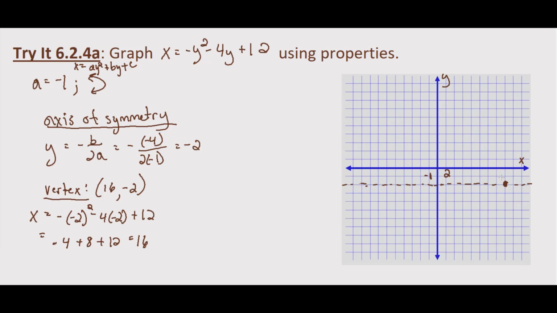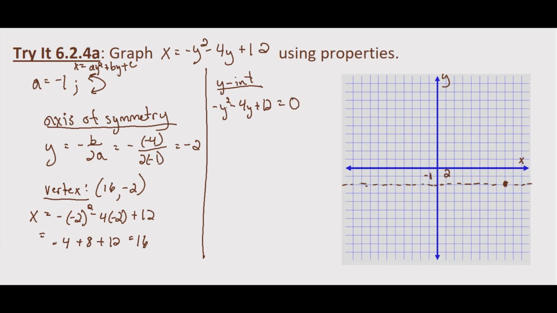Now let's go ahead and find any y-intercept. There should be 2, since it's opening to the left and it goes in the negative direction infinitely. The y-intercept is when x equals 0. So we're going to have -y squared minus 4y plus 12 equals 0.